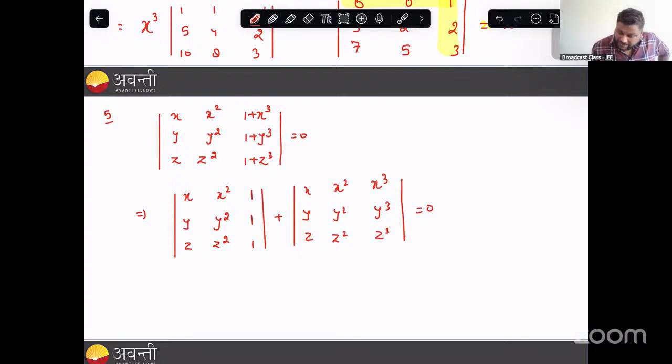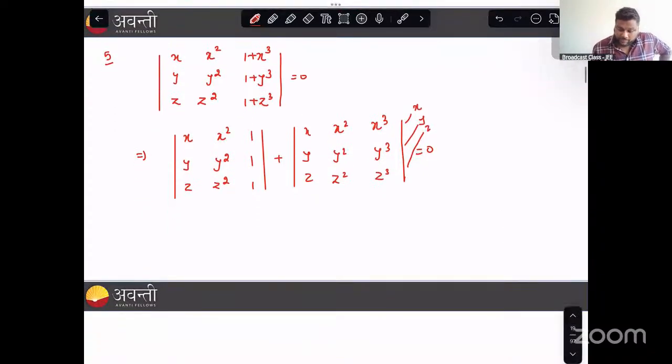Now, take x common from this row, y common from this row, and z common from this row. So it will become a determinant. Okay, one more thing I would like to do here only: replace these two rows and then replace these two rows. Two times changing means the sign, positive or negative, won't be affected.